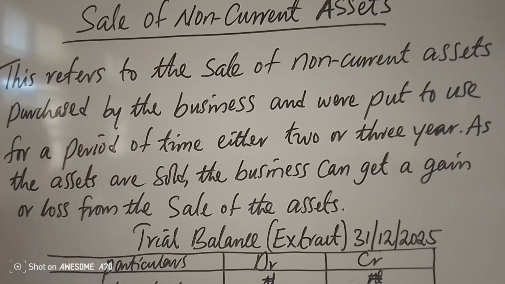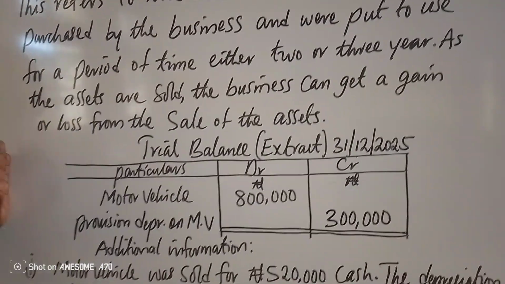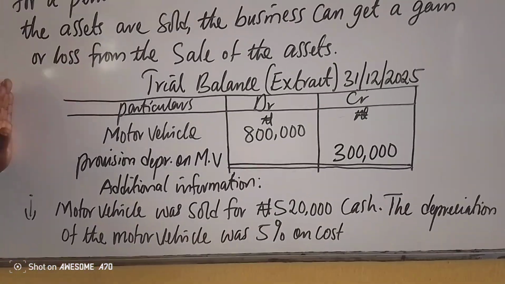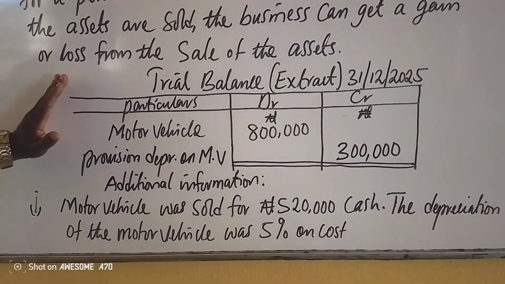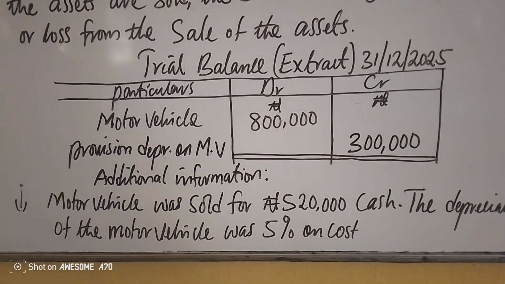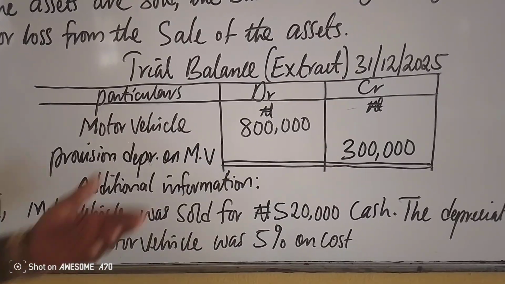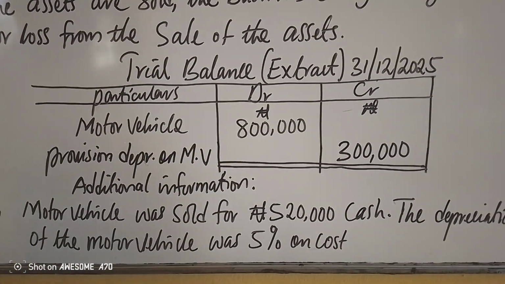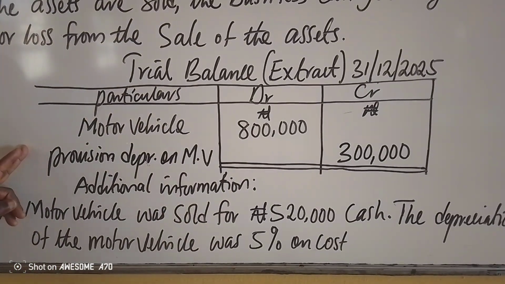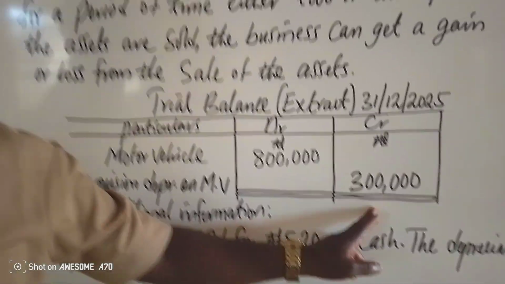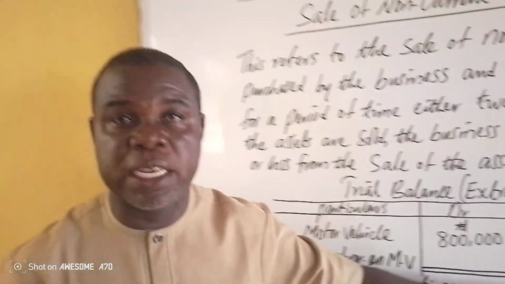Let's look at the situation whereby an asset is sold and is given as an adjustment. How do you handle such a situation? This is a given trial balance extract. Taking that a business acquired a motor vehicle, the cost of the motor vehicle was 800,000, and the provision for depreciation of motor vehicle was 300,000. If you recall, I have already treated depreciation.